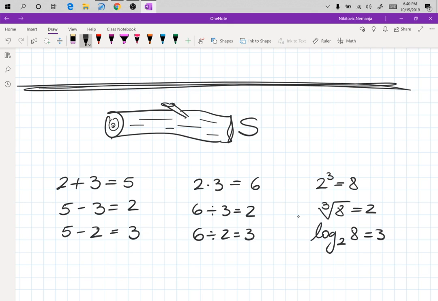You toss in 2 and an 8 and a log in a bowl, you toss it a little bit around, and boom, 3 comes up, right? The same thing like you toss in 2 and a 3 and 5 comes up, if you put the plus. If you put 2 and a 3 and a times, 6 pops up. So the idea is that with logs you will be able to undo the exponents.